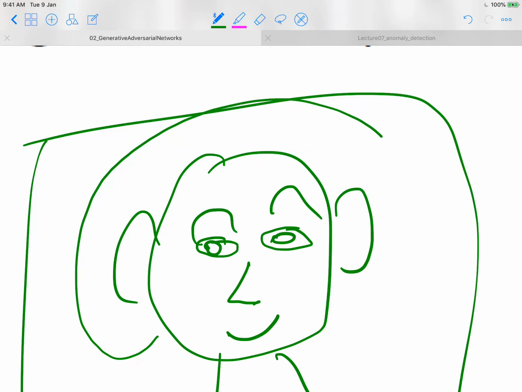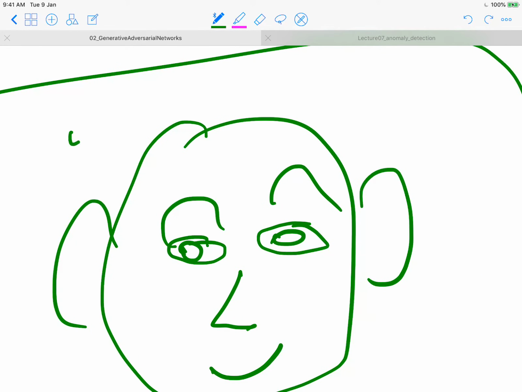Let's just consider bald faces, so the background will be all black. Suppose we observed a pink, or skin color, at this particular position.